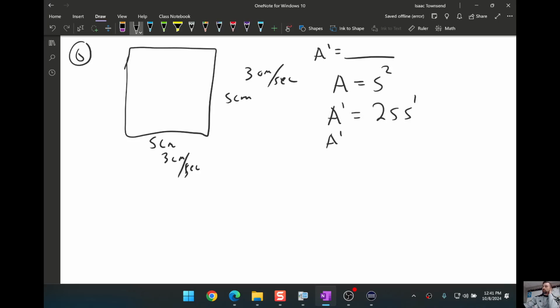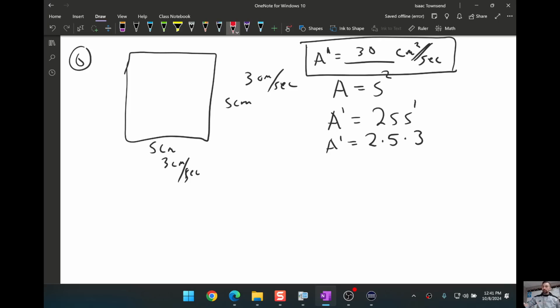So your first answer should come from 2 times 5 times 3, or 30. Area is always squared units, so centimeters squared, and it's A prime, so there needs to be a time component: centimeters squared per second. There's the first answer.